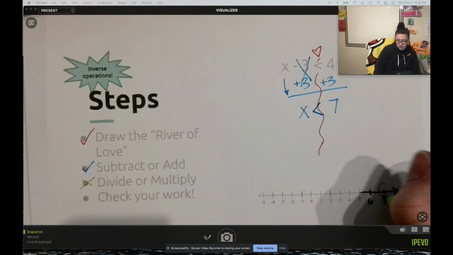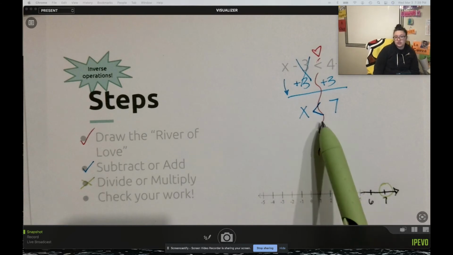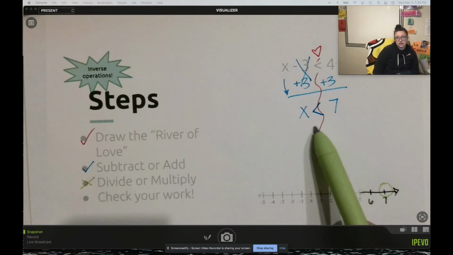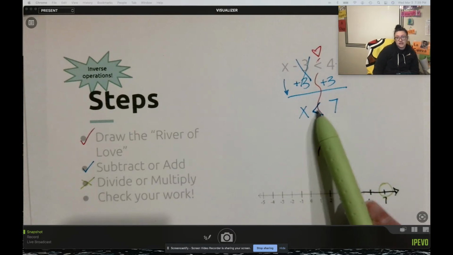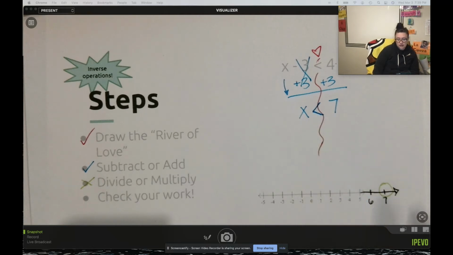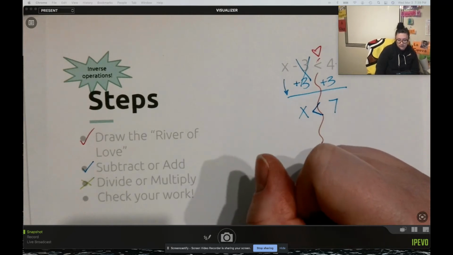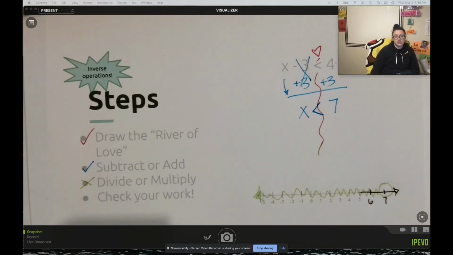That's an open circle because I don't include 7. x has to be less than it. It can't be exactly 7. It can't equal it. So an open 7, x is less than. So that means I need to shade to the left because all those numbers are smaller than 7.